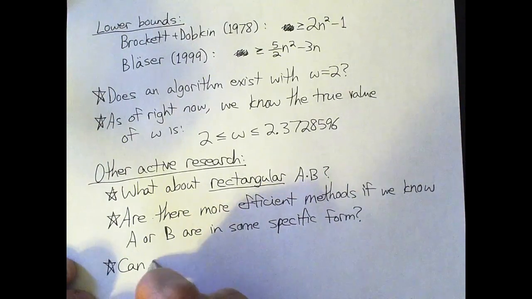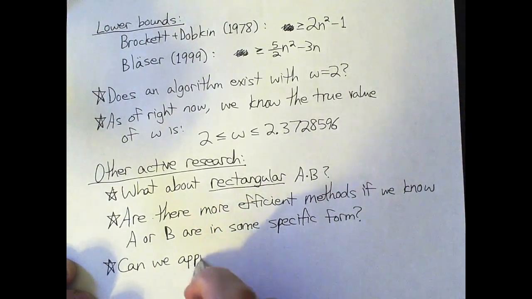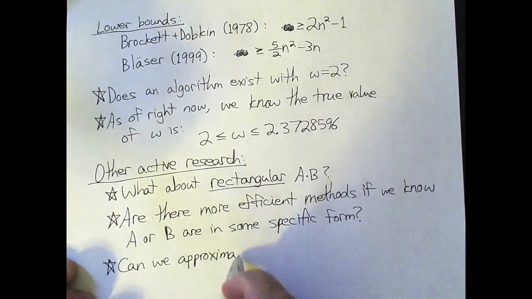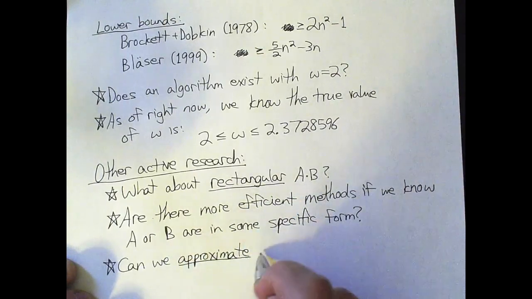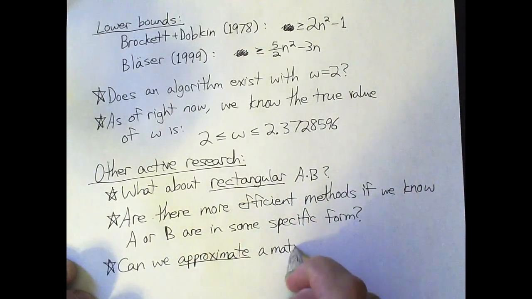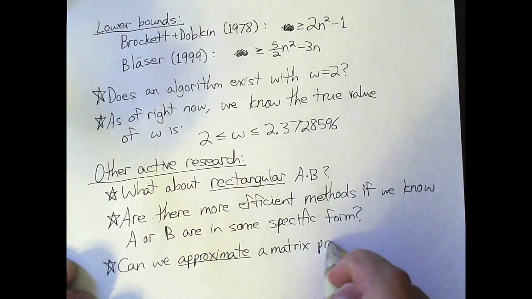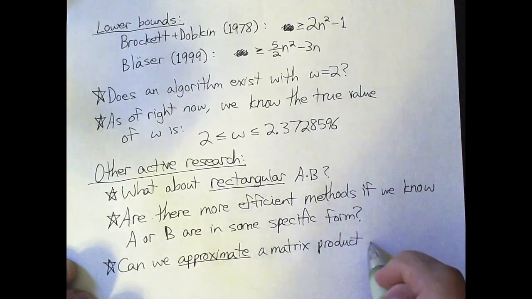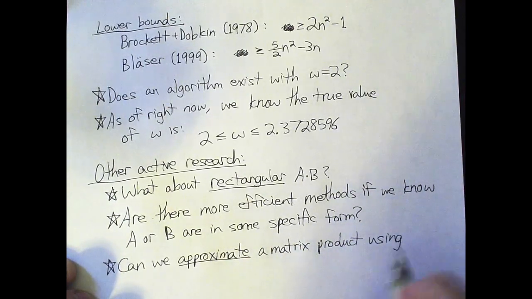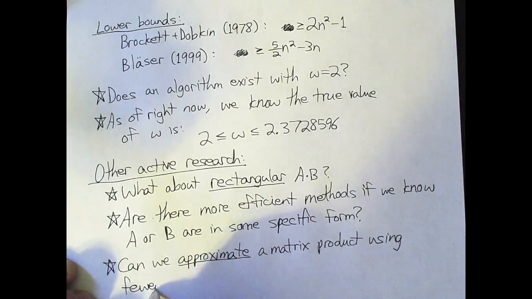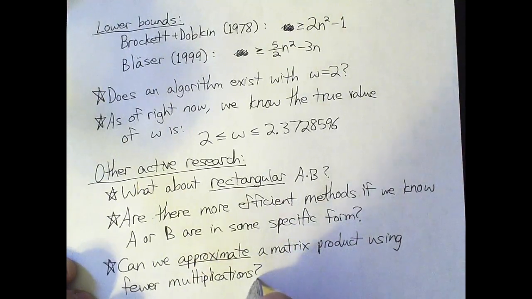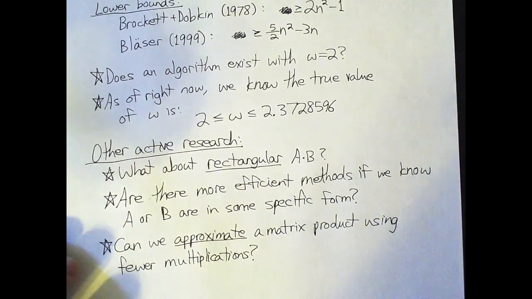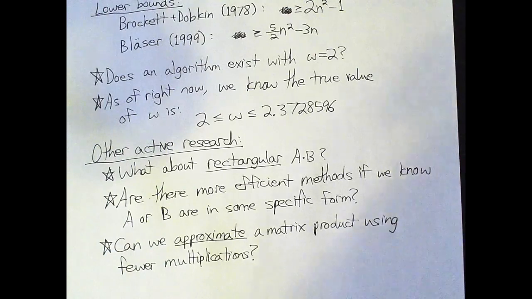Here's another question. Can we approximate a matrix product using fewer multiplications? So we've been talking today about trying to get the exact correct answer.